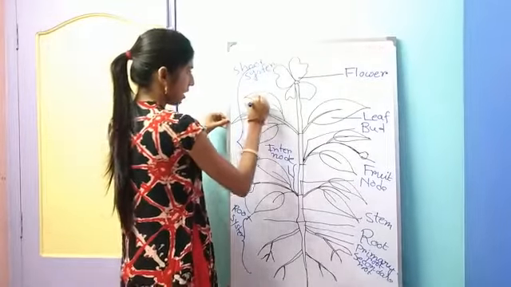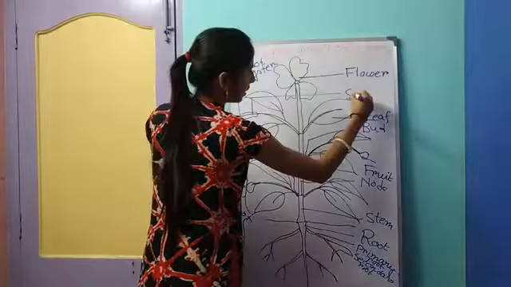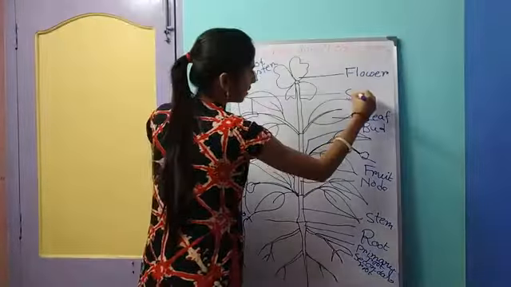And what is that? That is seed. Okay. So this is a diagram of different edible parts of a plant.